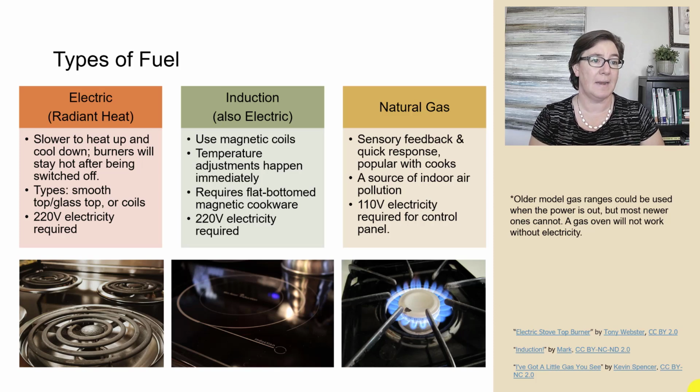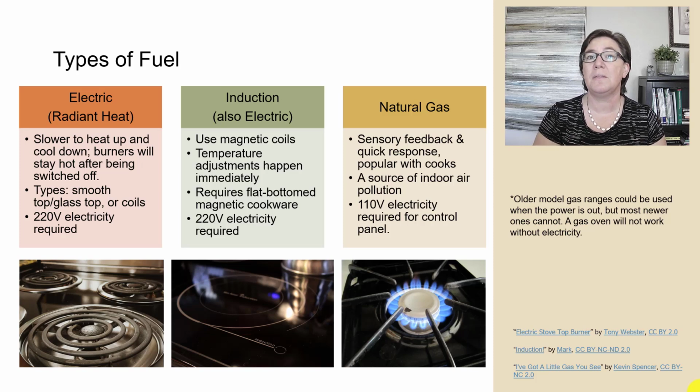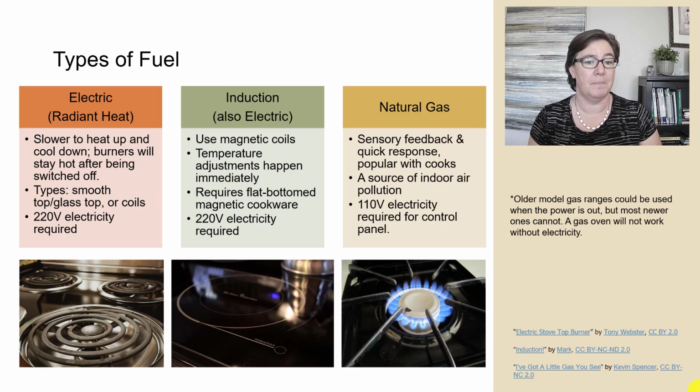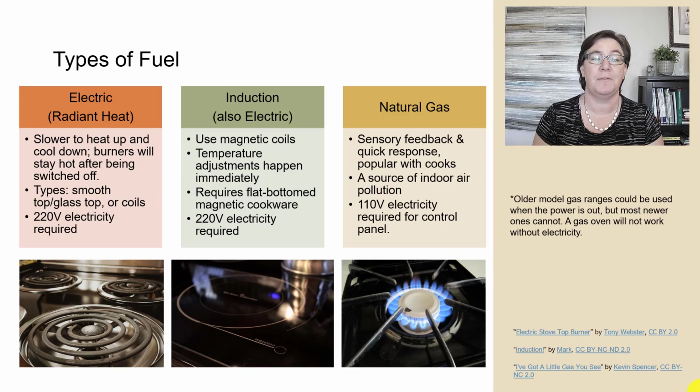So let's go back to that electric category. These types come in either a smooth glass top or the coils that you see in the image below, right? And electric ranges are slower to heat up, slower to cool down. The burners stay hot after being switched off, and typically you need 220 volt electricity.